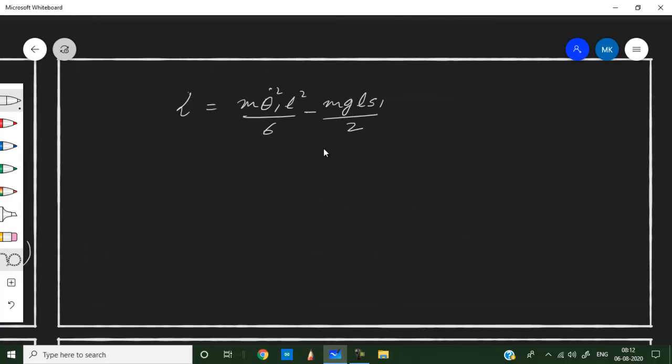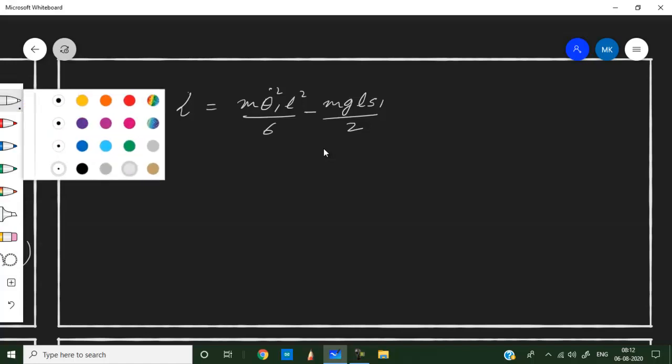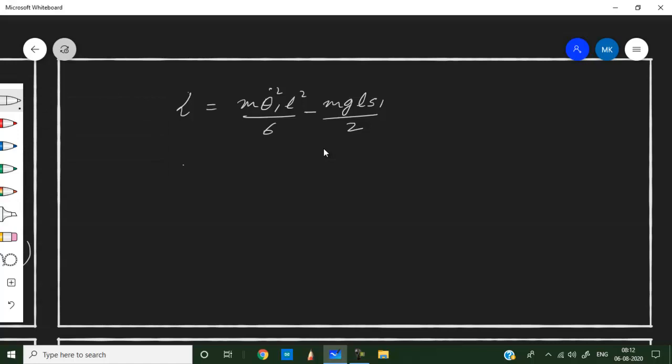Now we need dou L by dou theta 1 dot, one and the same thing in this case, so it's partial differentiation.